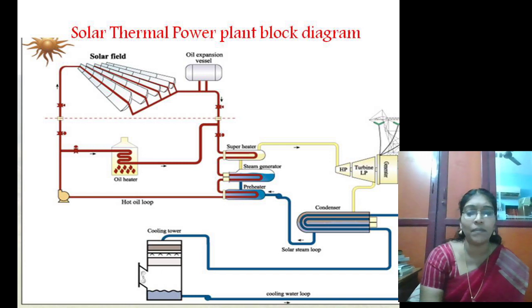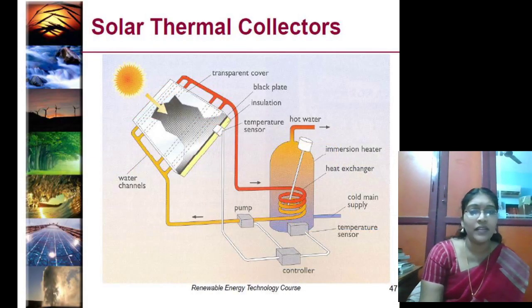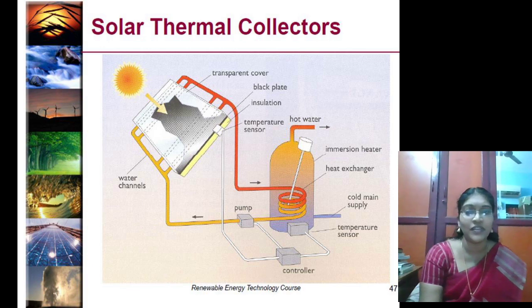This is the block diagram of how electricity is generated from solar power. And this is a solar thermal collector. It is nothing but the solar heating system that is used in our homes.